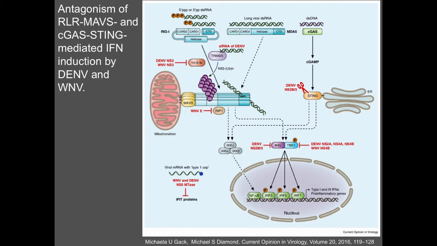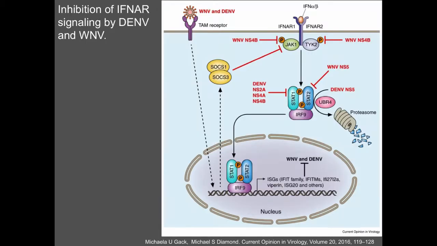So what's shown up here is what's been demonstrated, and sometimes these functions are conserved amongst the viruses, and sometimes it's fairly unique, even among different flaviviruses, which have different ways of counteracting these things.